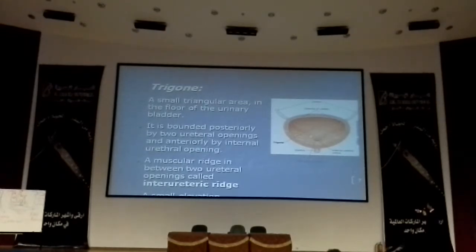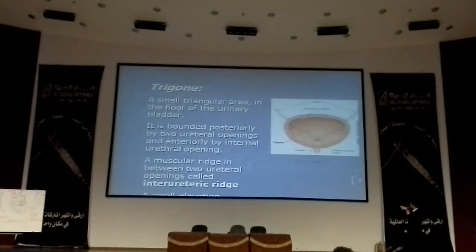There is a smooth mucosa lining the urinary bladder and exactly lining the floor, so that you see this is the trigone. And the upper border of the trigone, this is triangular in shape. As I said, there are two openings of the ureter, and between the two openings there is the inter-ureteric ridge.